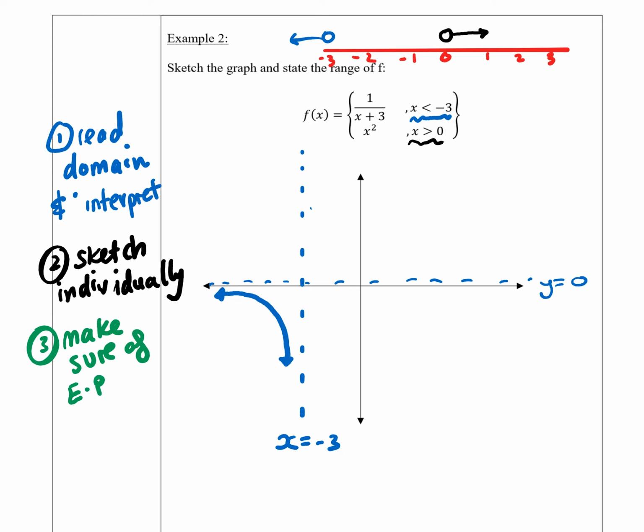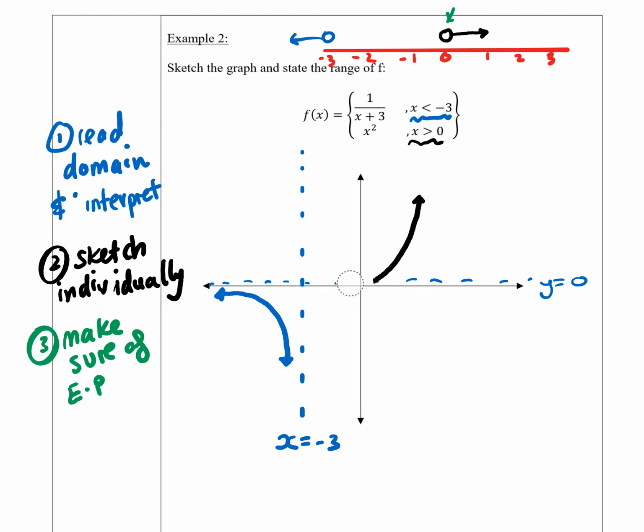So our next thing is to sketch the parabola. That's just the graph of x squared. Now that would normally look like this. But we know that we're only interested in everything that's to the right of 0. So I'll rub out the bit on the left. Finally, I need to make sure of my endpoint. And because I can see that it's exclusive of that 0, you can see up there in our number line, I need to have a nice open dot.